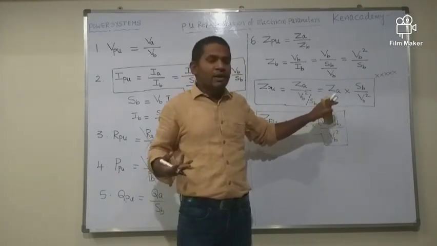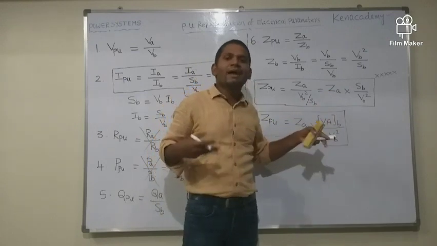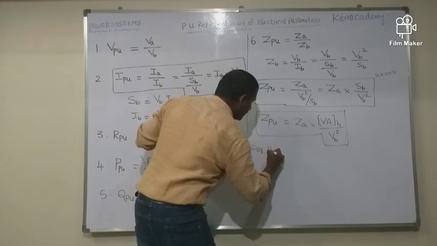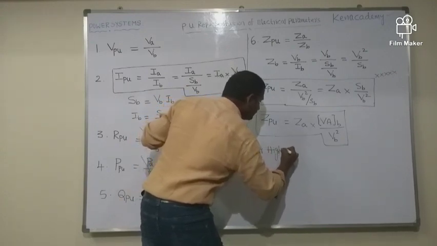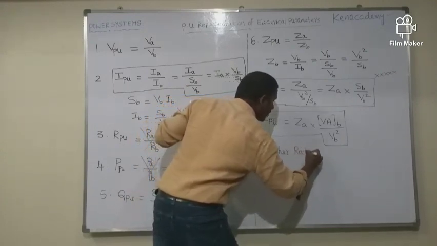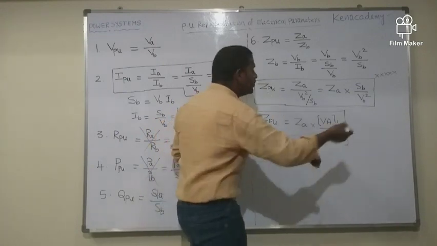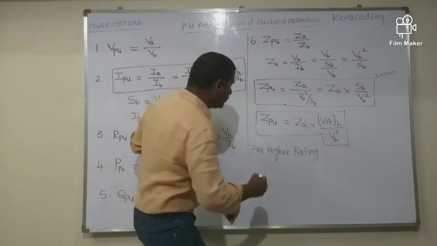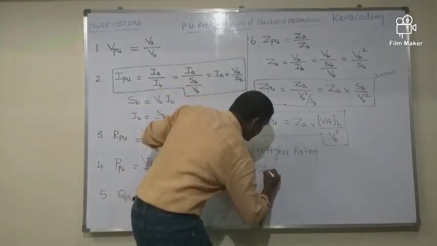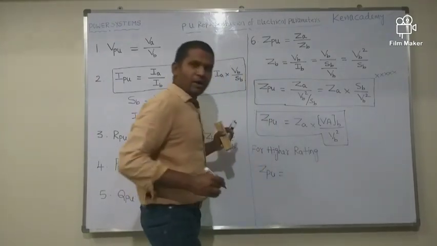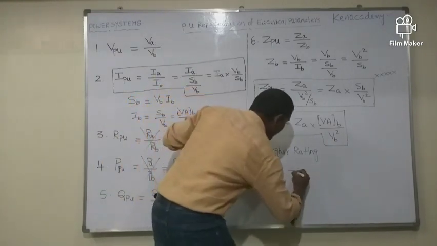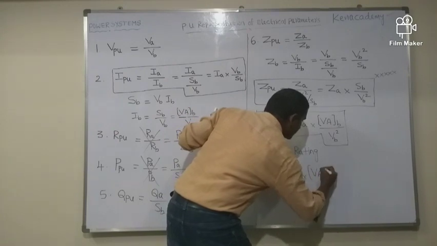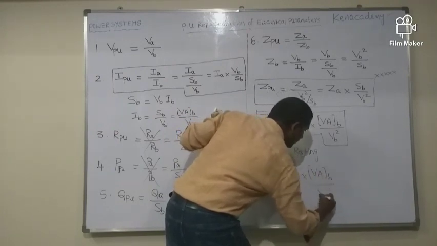If you want to write the same formula for higher rating machines, you take the values in higher units. For that, listen please. Z per unit equal to Z actual into volt ampere base, VA base by V base square.